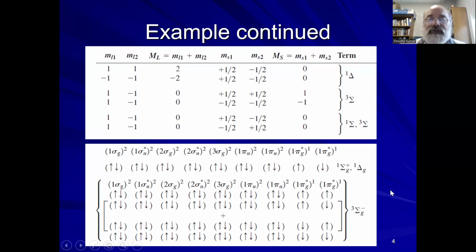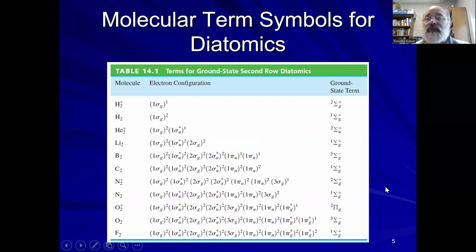And so here's a few examples of some molecular term symbols for homodiatomics, both molecules and ions. And again, I'm not asking you to assign plus or minus. We'll talk about how it's useful to know what that is later on, but it's a little beyond the scope of this course to talk about assigning them.